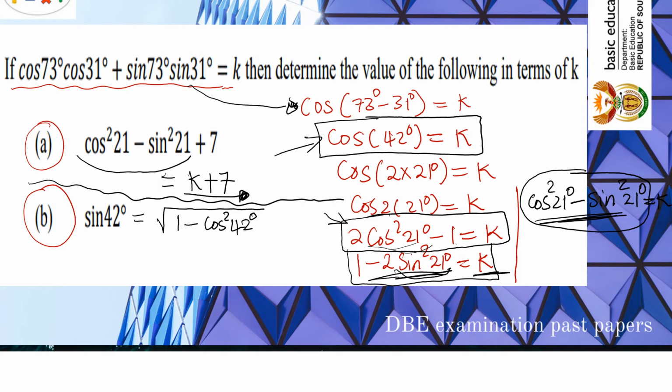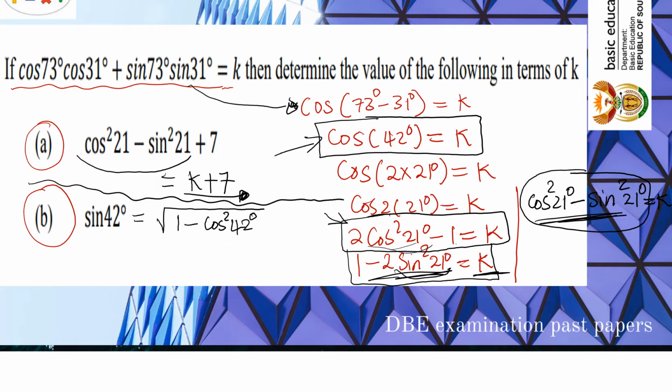Don't forget, 1 minus cos squared 42 degrees is the same as sine squared 42 degrees. If you apply the root, the square cancels, and you still have your sine 42 degrees. So that's another strategy that you can use, right?